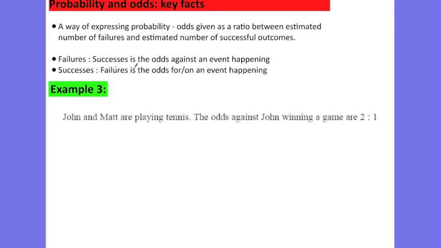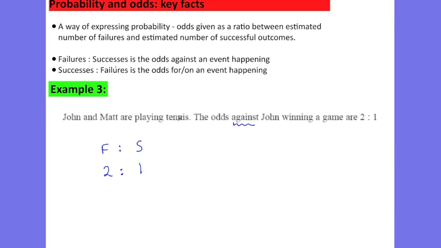So we have a look at this in the context of example number 3. John and Matt are playing tennis. The odds against John winning a game are 2 to 1. So this is the odds against. So we have failure, success, 2 to 1.